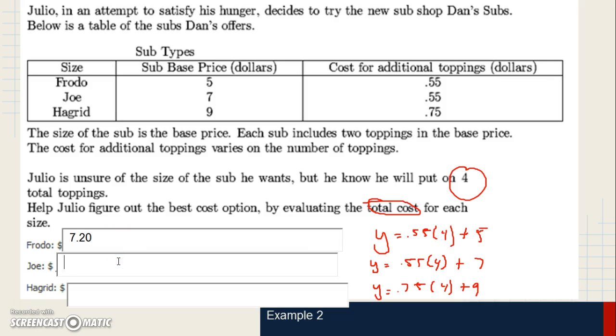I then have the 55 cents times 4, which again is $2.20, plus the $7, which is $9.20. And finally, I have 75 cents times the 4 toppings, which is $3, plus the $9 is $12. I don't need to put change on here because $12 is even. And that's it. That's really all we're doing.